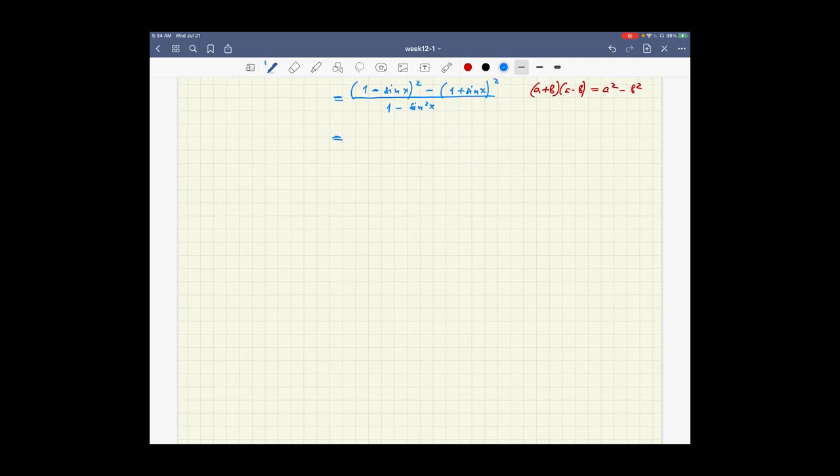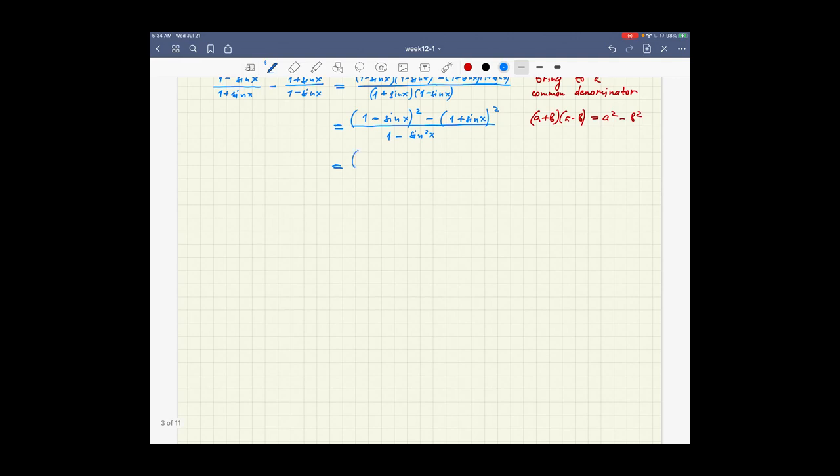Now in the numerator I expand both squares, so it'll be 1 minus twice the product plus square of sine, minus 1 plus twice the product plus square of sine. Now in the denominator I can replace 1 minus sine squared by cosine squared. That is because sine squared and cosine squared add up to 1.